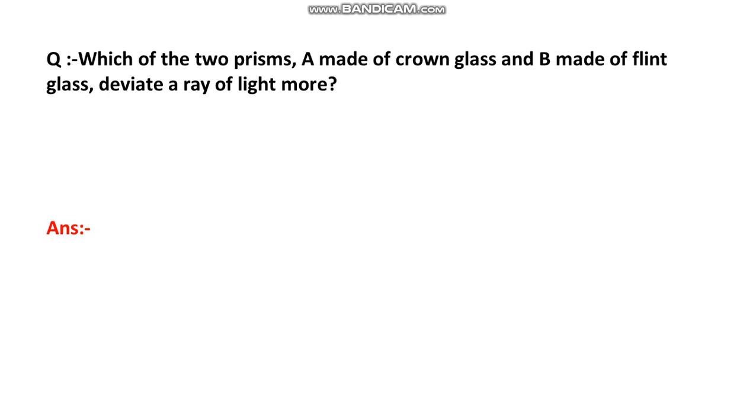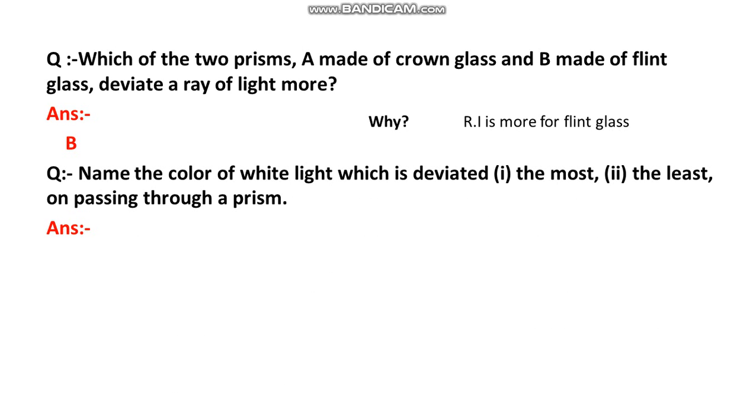The answer is B. Why? Because deviation depends upon the refractive index of the medium also, and flint glass has more refractive index. So our answer is B.